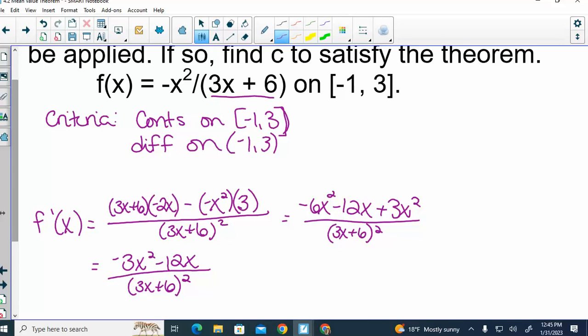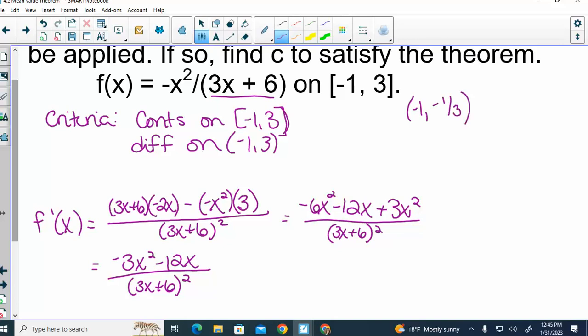So, we can do mean value theorem. Mean value theorem says that somewhere this derivative is equal to the slope between my endpoints. So I need my slope between my endpoints. If I put in negative 1, opposite of negative 1 squared will give me negative 1 over negative 3 plus 6.